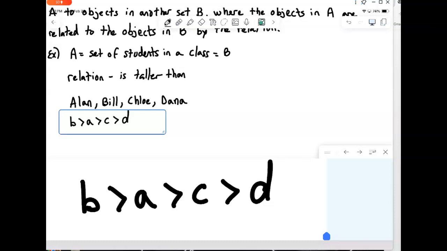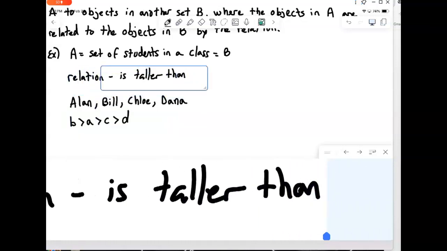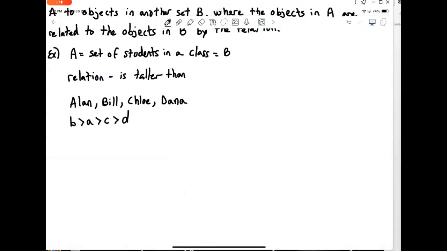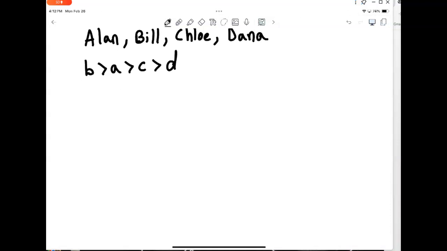So from this, we could indicate our relation. And one way to do it is to use what's sometimes called a matching diagram. You've done this in the past when you've done tests, where you're given a list of things on one side, and you match them to things on the other side. Now, typically, in those situations, you were dealing with different things, but here we could say, here's our set A, letters A, B, C, and D for abbreviation.